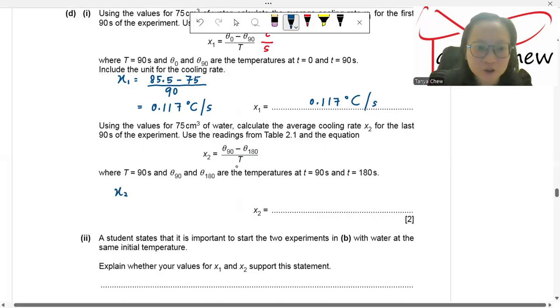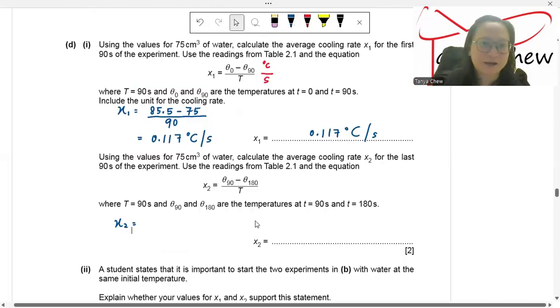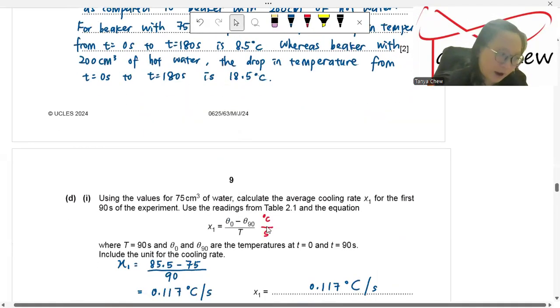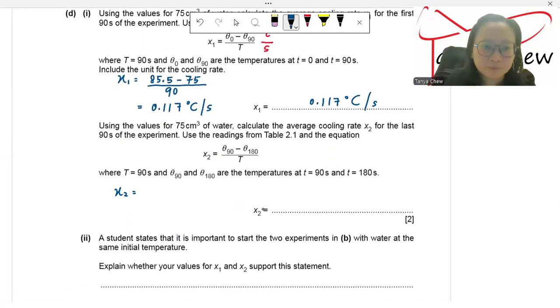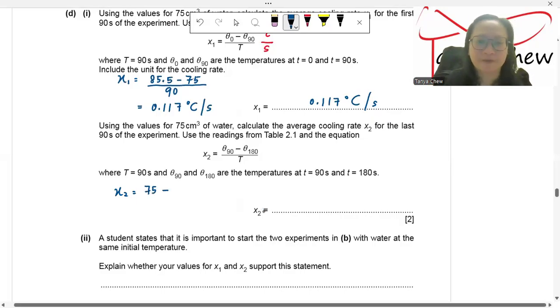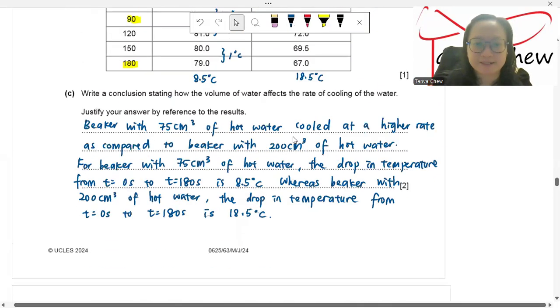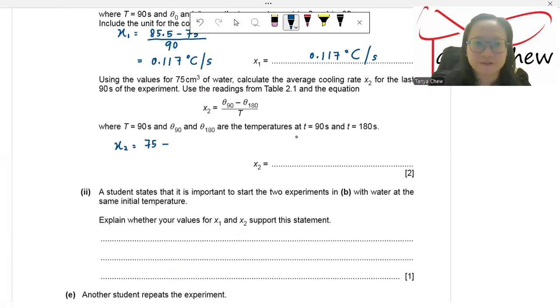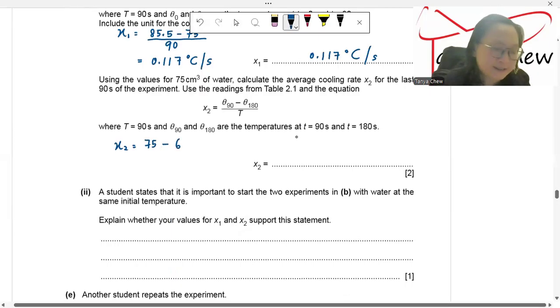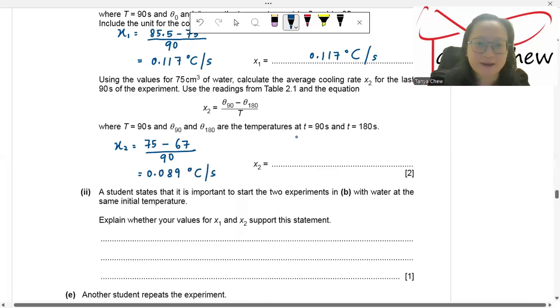So X2, be careful. Theta 90 is 75 degrees Celsius and theta 180 is 67. Focus on 75 cm cube of water, yeah? 75 minus 67 divided by 90, I got 0.089 degrees Celsius per second.